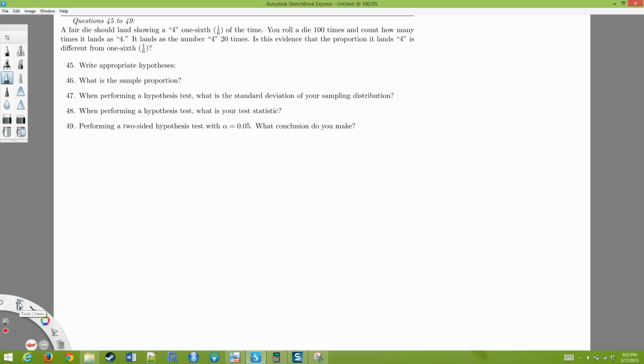You can just take my study guide and use that if you want. Again, you're allowed one sheet of paper, front and back.